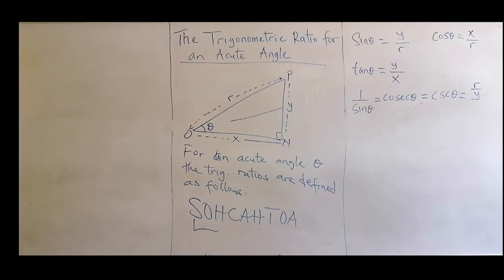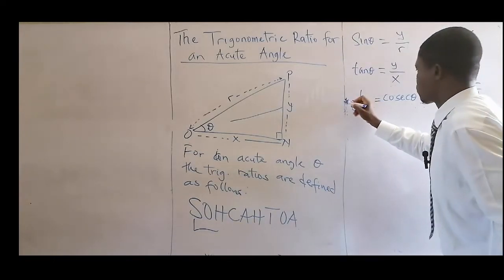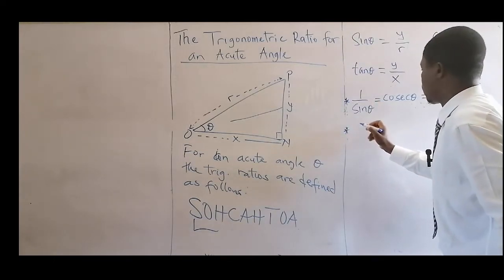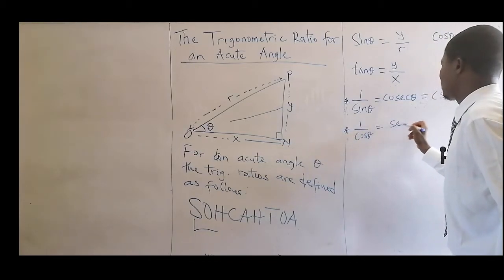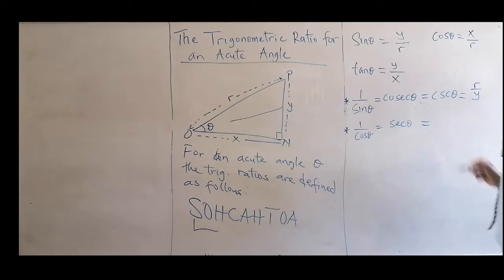Then the next inverse function is 1 over cos. 1 over cos theta is called sec theta, which is the inverse of cos, and that will be r over x.